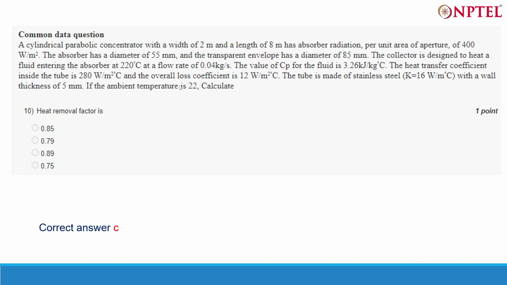So we have a width of 2 meters. There is a cylindrical parabolic collector which has a width of 2 meters and a length of 8 meters. Let's say we are seeing a front view. So it has 2 meters and a length of 8 meters.